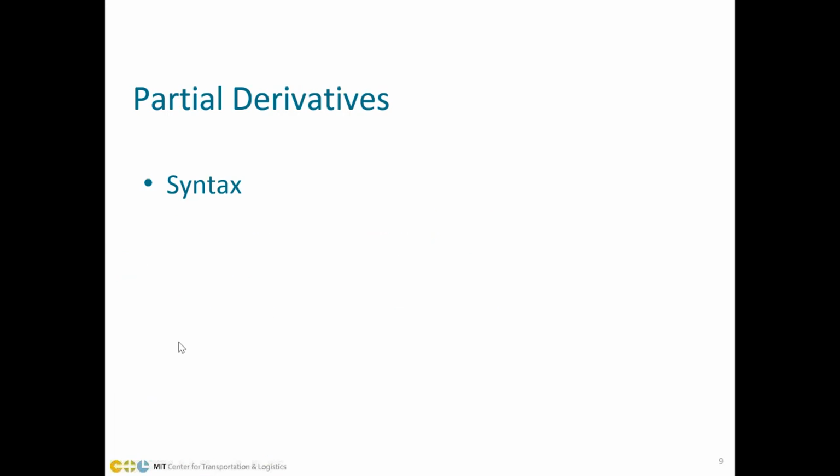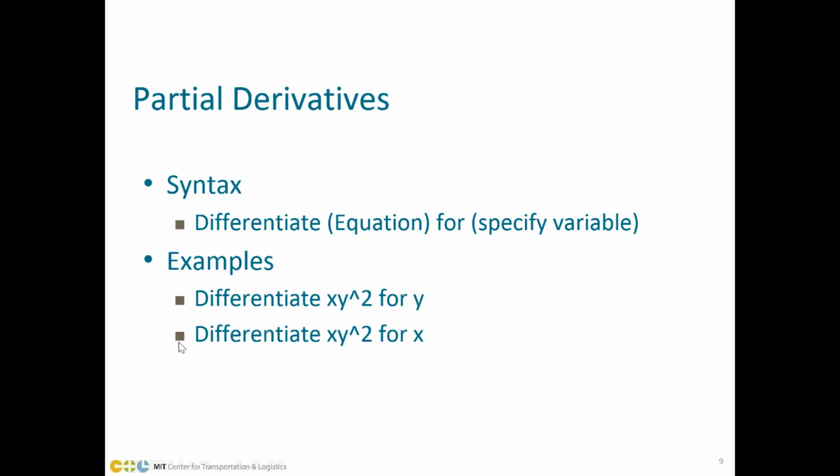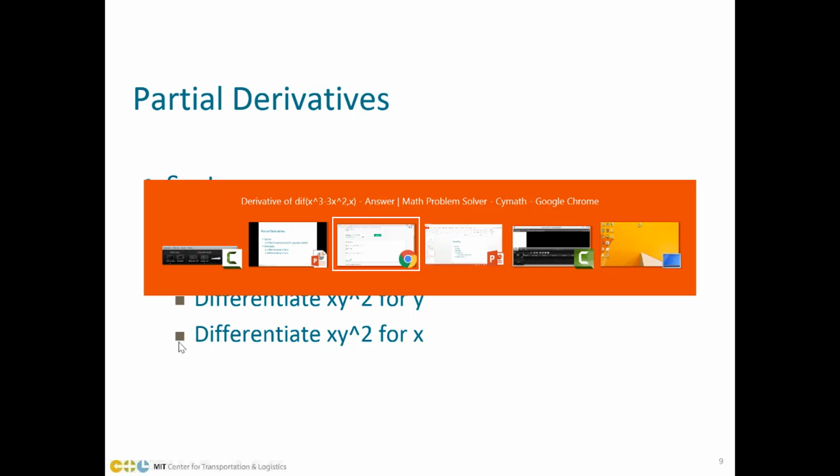Moving into partial derivatives, we simply type the syntax differentiate, specify our equation, and then we say for which variable we want to differentiate. As an example, we can type differentiate x times y squared for y, or we can also type differentiate x times y squared for x. We're going to go over to SciMath and we're going to try that now.